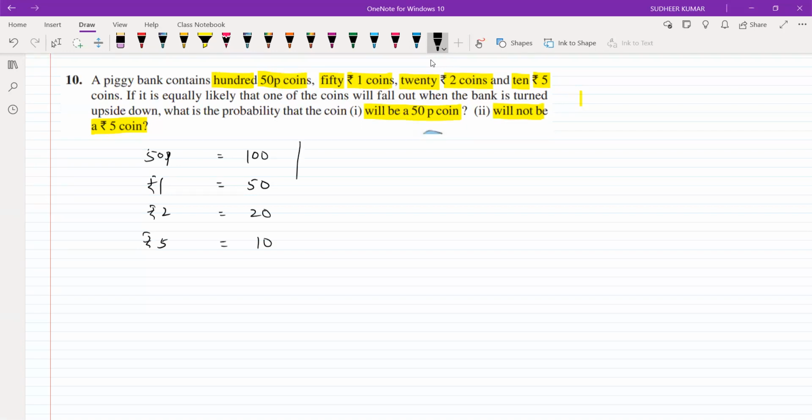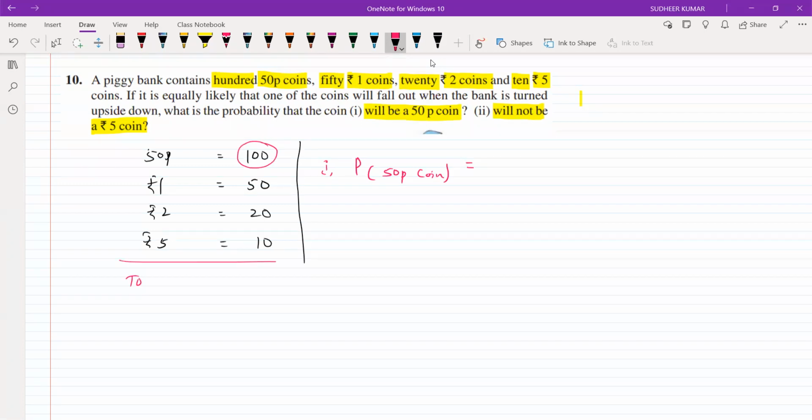Now the first one is we have to find the probability of getting a 50 paise coin. Write the formula: number of favorable outcomes by total possible number of outcomes. How many 50 paise coins are there? 100.